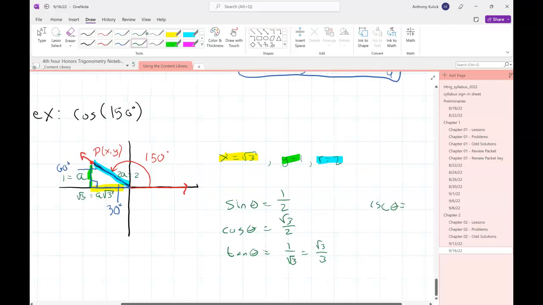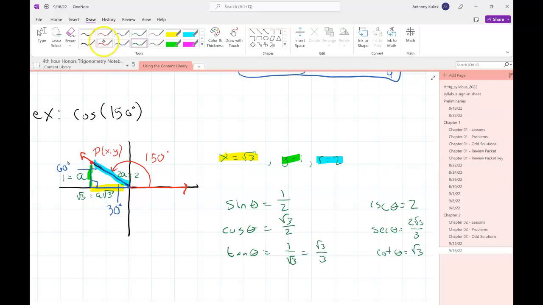Cosecant theta is r over x, or just the reciprocal. Secant theta is equal to 2 root 3 over 3, and cotangent theta is equal to root 3 over 1, or just root 3. Who agrees that everything I've done here is correct so far?